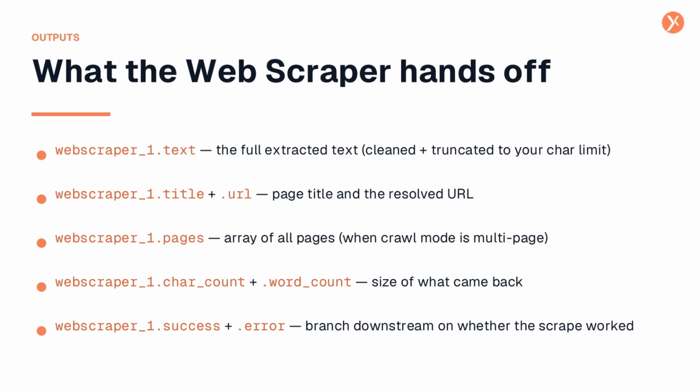For multi-page crawls, web_scraper.pages returns an array, with each item containing its own text, title, and sections. web_scraper.char_count and .word_count offer a summary of the content size. Finally, web_scraper.success and .error enable conditional branching in your workflow, allowing you to handle successful scrapes and errors appropriately.